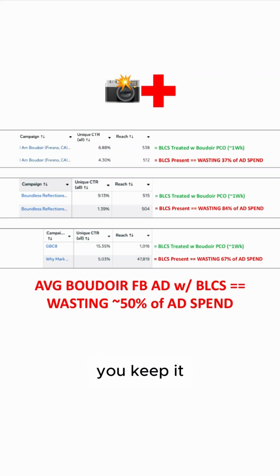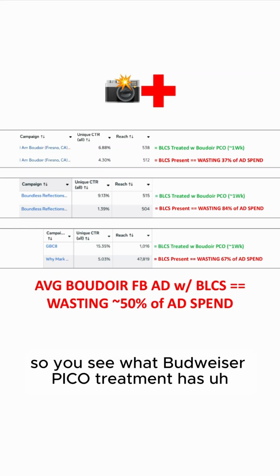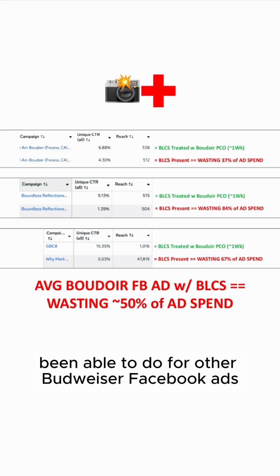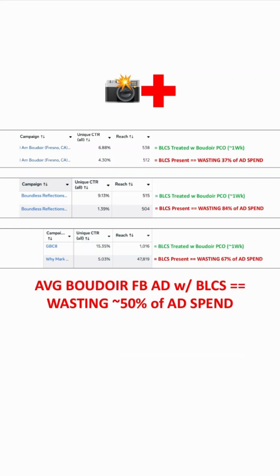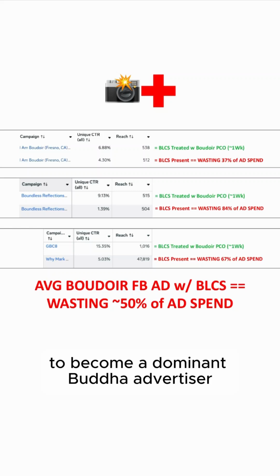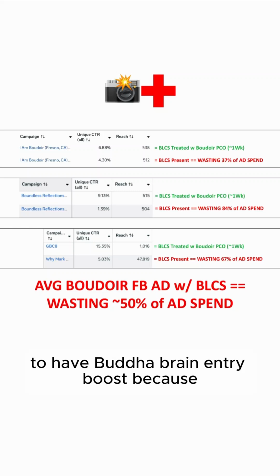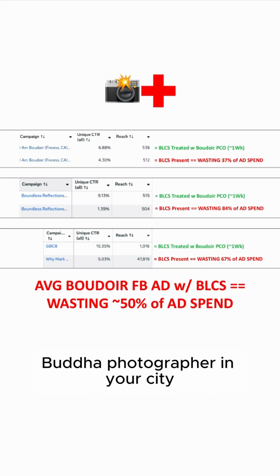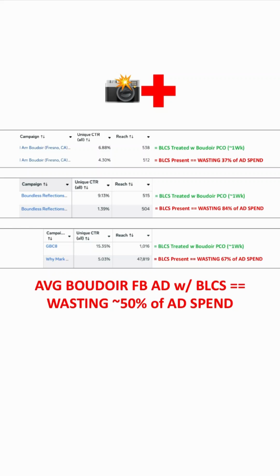You don't have to spend it, you keep it. So you're seeing what the Boudoir Pico treatment has been able to do for other Boudoir Facebook ads, and you want that outcome because you want to achieve pre-click alignment to become a dominant Boudoir advertiser, to have Boudoir brain entry boost, because you know you need that on your way to becoming the number one boudoir photographer in your city.